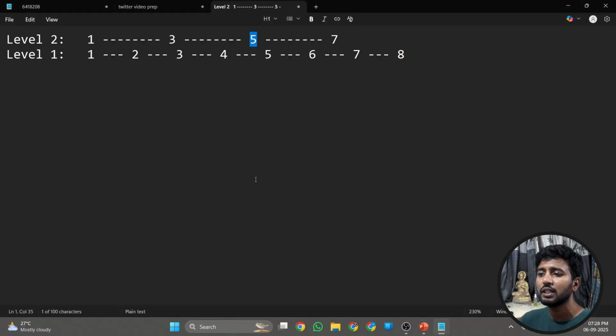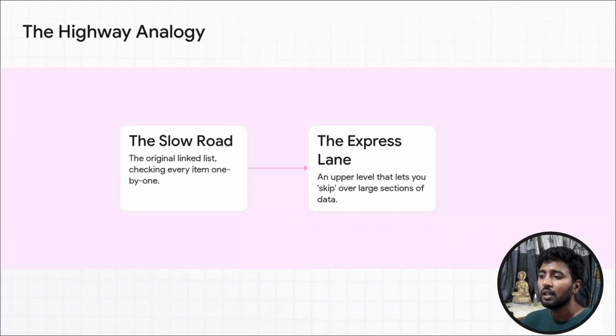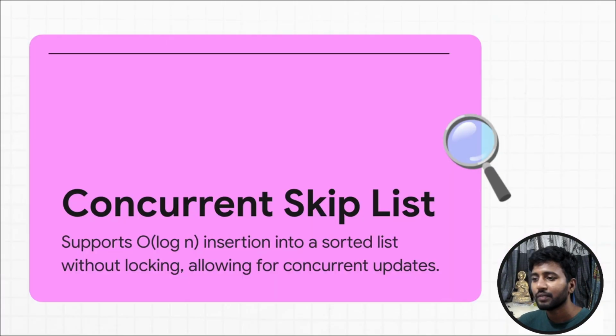You can create level 3 as well, and then you can have your elements at level 3, and then you can search them again instantly. So that's your choice, how you want to handle the skip list, but it was a really brilliant solution. Then you take the express lane, and if you add multiple levels, it will be a super express lane. That's the real beauty.